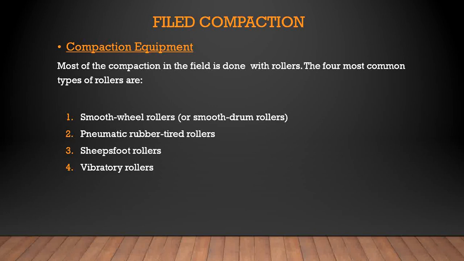Although the principle of compaction in the field is relatively simple, it may turn out to be a complex process if the soil in the borrow area is not at the desired optimum moisture content for compaction. So the existing moisture content is to be determined and water added if necessary.